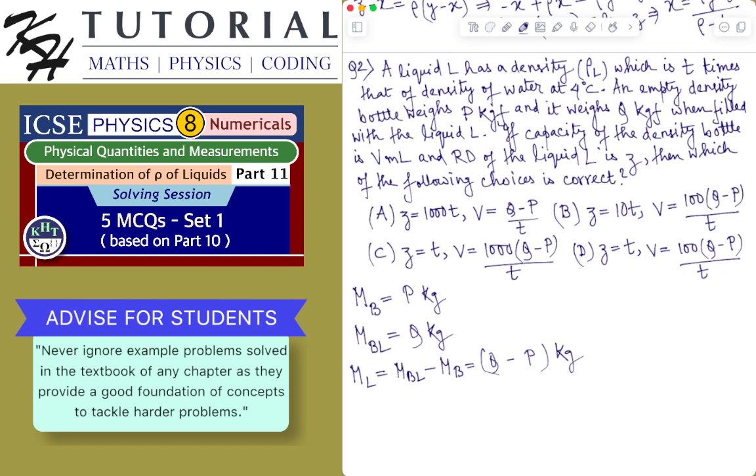Also, it is given that the density rho L is P times that of density of water at 4 degrees centigrade. I know that the density of water at 4 degrees centigrade is 1 gram per centimeter cube. So obviously the density of the liquid rho L will be x gram per centimeter cube, since it is given the density is P times that of density of water at 4 degrees centigrade.